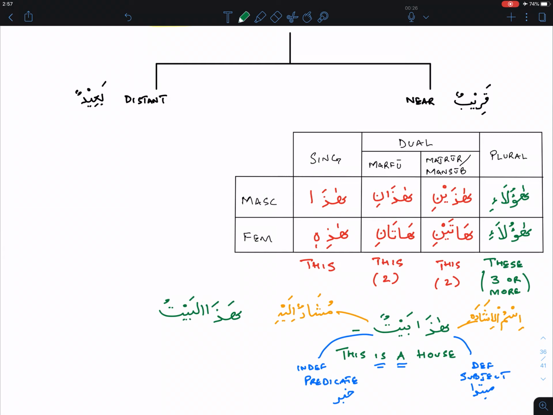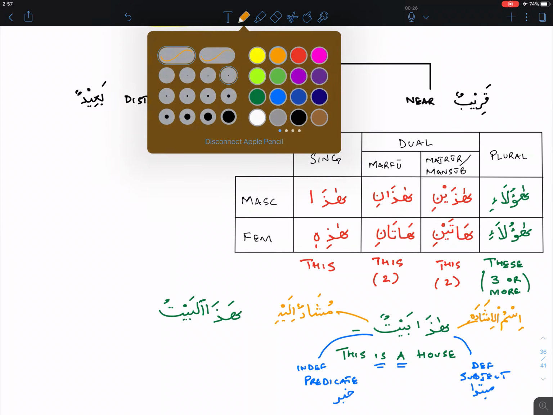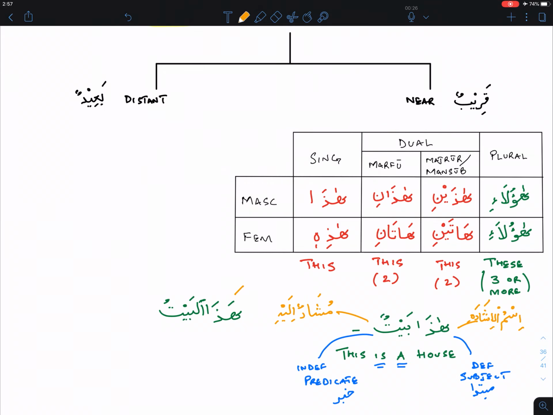So again, let's go through the construction here. We call this Ismul Ishārati. And this is musharun ilay, that which is being indicated.